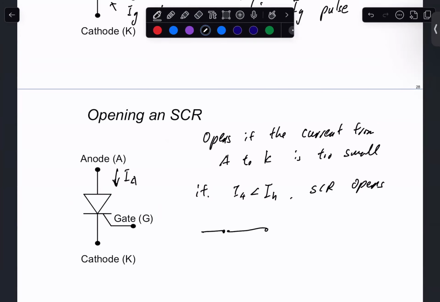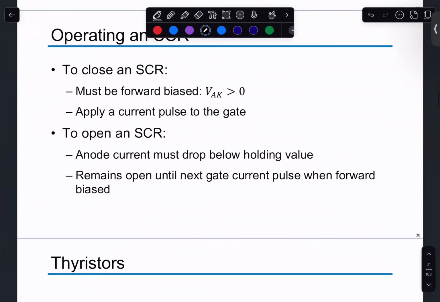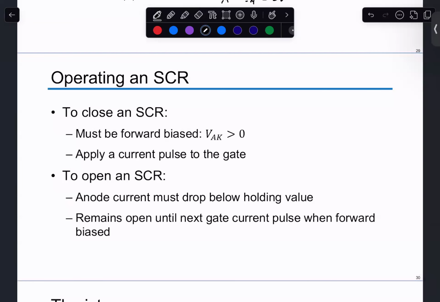So it was a closed switch, and we're pushing some current through it. If IA is less than IH, this switch opens on its own because there's not enough current. To close it, we apply a forward bias voltage and a current pulse to the gate.